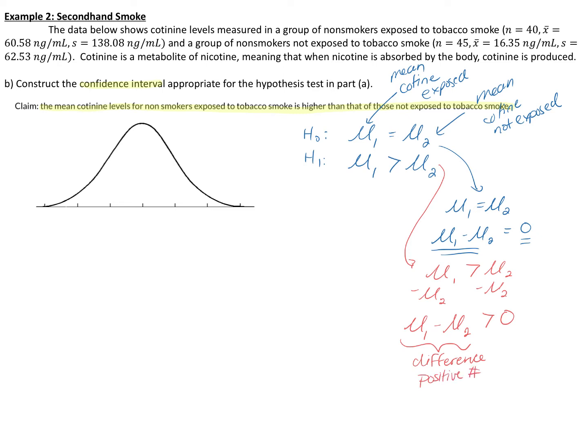And this is really important when we start looking at the confidence interval and how to interpret and read the results. So here, how do we know what would be an appropriate confidence interval? What is appropriate depends on if you have a one-tail test or a two-tail test, and it also depends on the significance level. So from part A, we test the claim by using a significance level of 0.10.